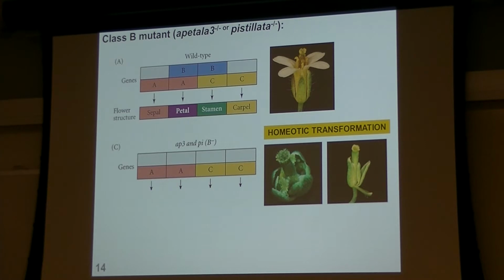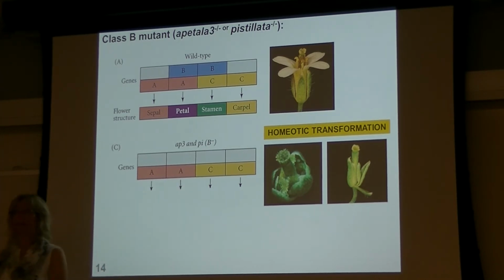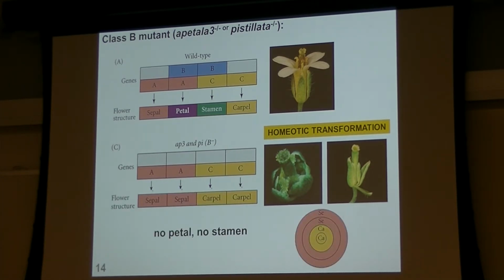Okay, we could have a class B mutant, and here are a couple of different genes that are in class B. By the way, I'm not going to ask you to memorize which genes are in which class, but I might say to you, okay, we have a class B mutant, meaning that the B genes are now not expressed. So if we have the B genes missing, we again have only 2 different types of territories that the flower should be producing, and so I think we're probably going to get a lot of sepals and a lot of carpels out of this.